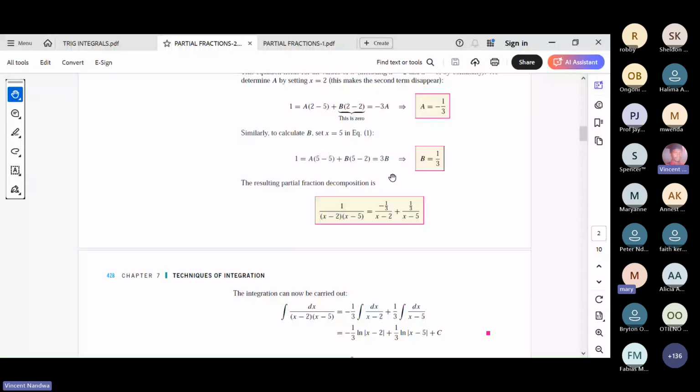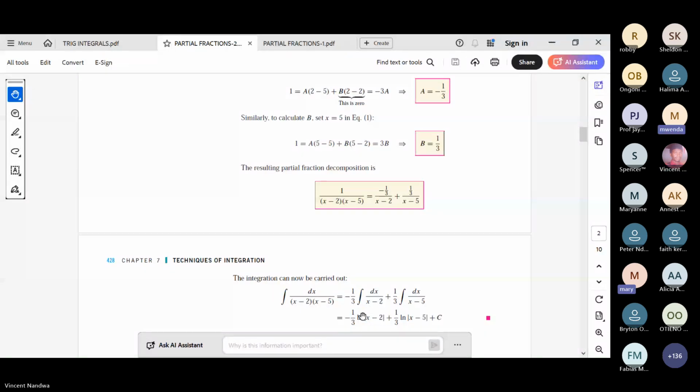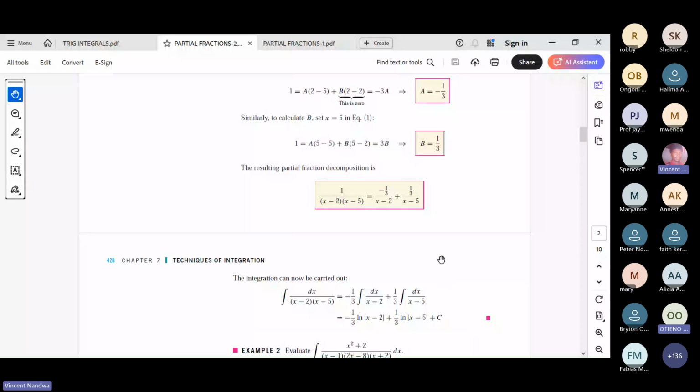So this integral is the same as the integral of the first fraction plus the integral of the second fraction. And I hope this answer is not magic, as you can see from your previous experience. I hope this answer makes sense to you. Yes, it's good.